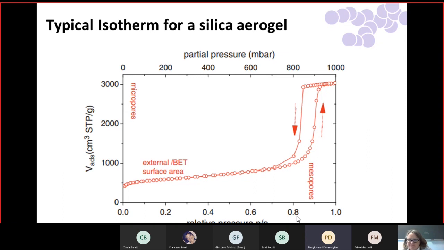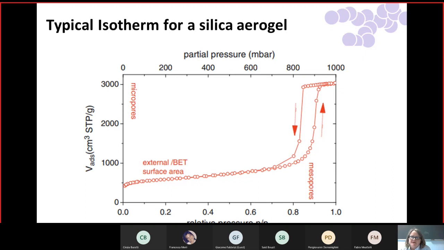Great. So what I was saying is this is a typical isotherm. Isotherm is what we call the data we get from a gas adsorption test, because it's all taken at the temperature of liquid nitrogen.